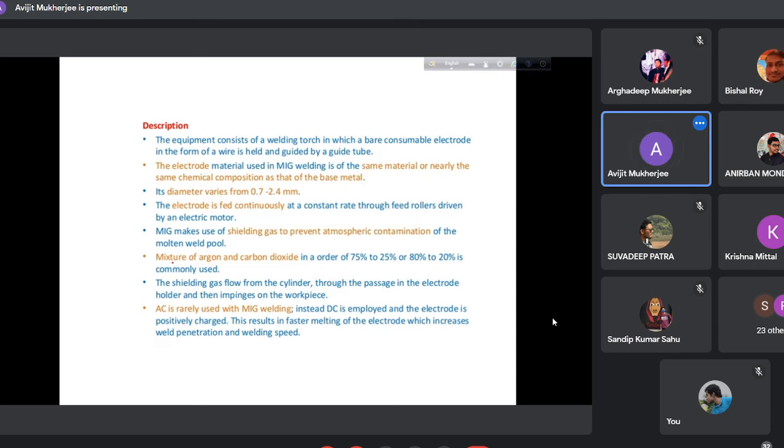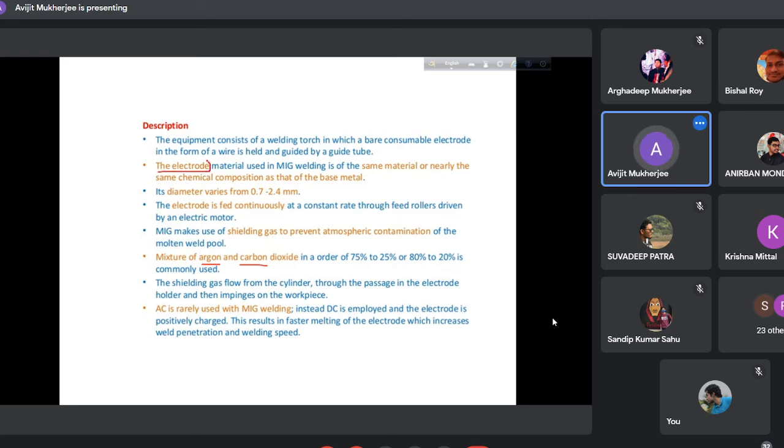Okay, a mixture of argon and carbon dioxide, or only argon, only carbon dioxide. All these are research work. A mixture of 75, 25, 80, 20 will give good results. And you should know the electrode, not only here, everywhere.